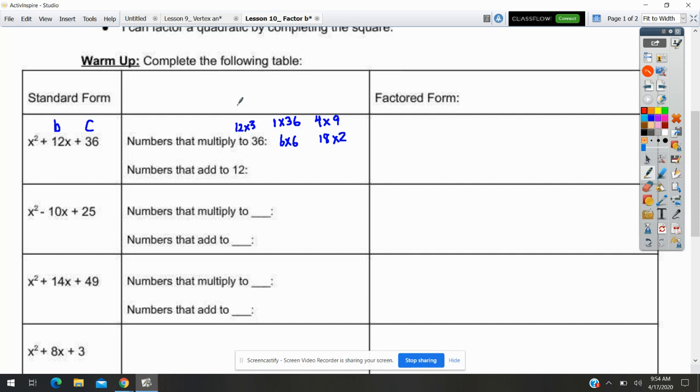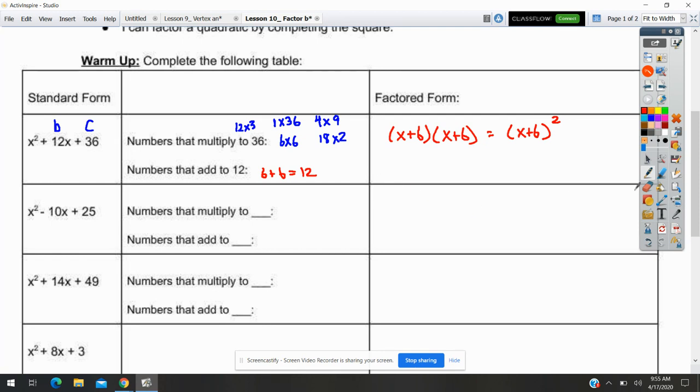If I'm looking, the only option I have that adds to 12 are 6 and 6, right? So that means our factored form would be x plus 6 times x plus 6. So if you notice, we're multiplying the same thing by itself. So another way we can write this is x plus 6 to the second power.